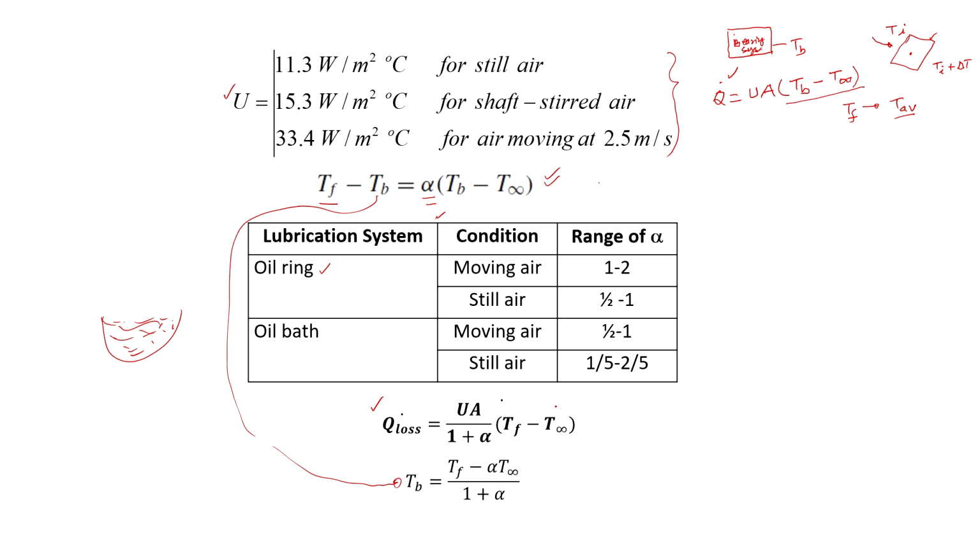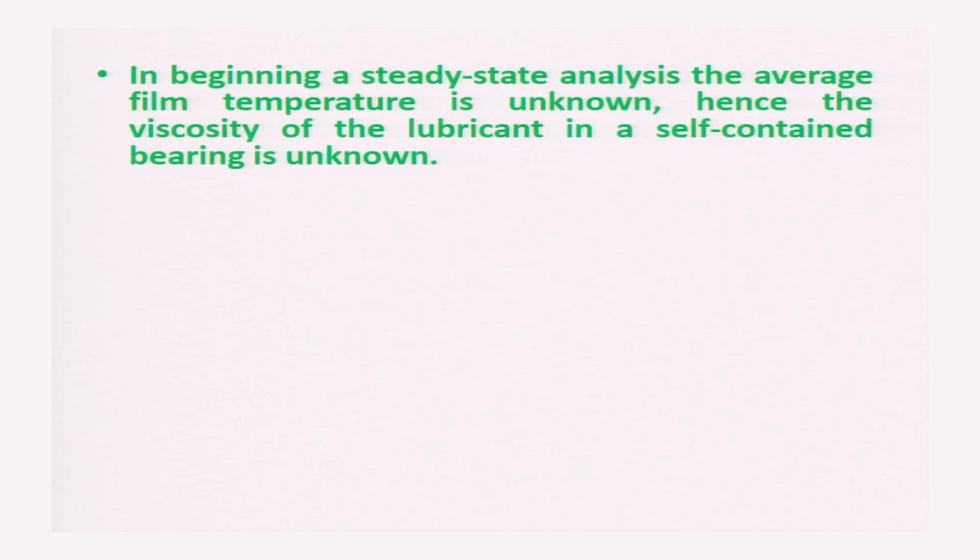In beginning a steady state analysis, the average film temperature is unknown, hence the viscosity of the lubricant in a self-contained bearing is unknown, because we have seen that the Sommerfeld number is a function of mu, and mu is a function of temperature. Now, the temperature of lubricant is not known to us.